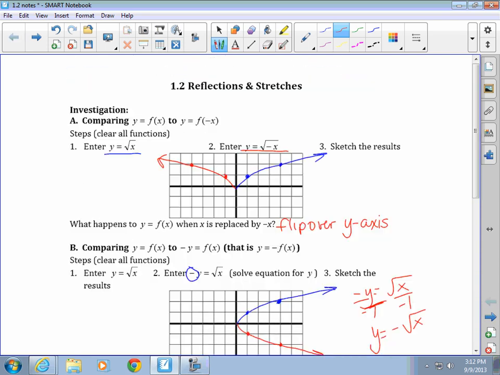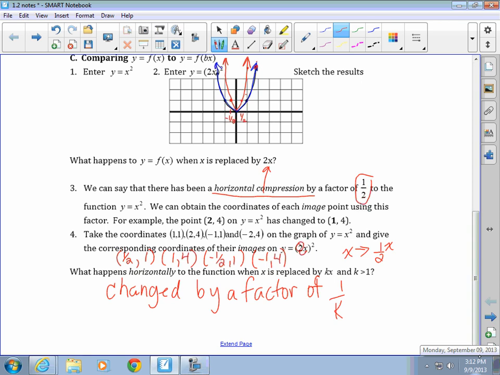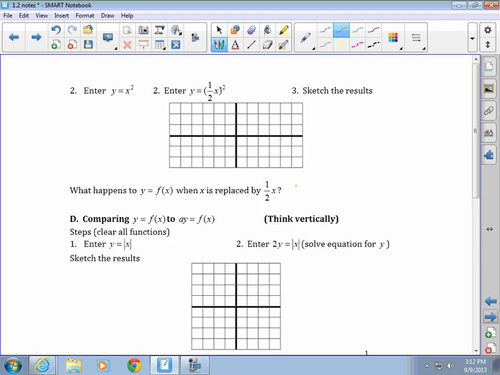So if we do y equals x squared and compare it to y equals (1/2 x) squared, where the value is less than 1, what happens to our graph? Our original graph will be here, and then up at (2, 4). Whoops, that's more of a (2, 3).